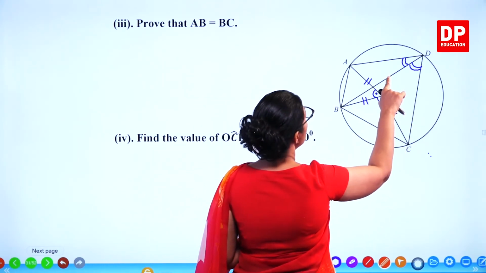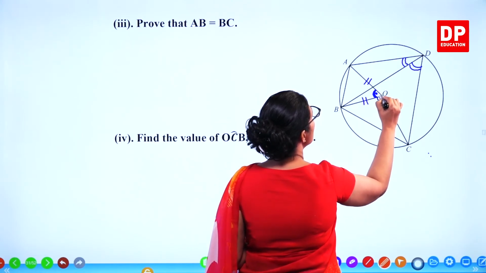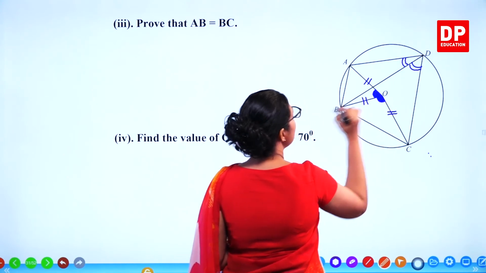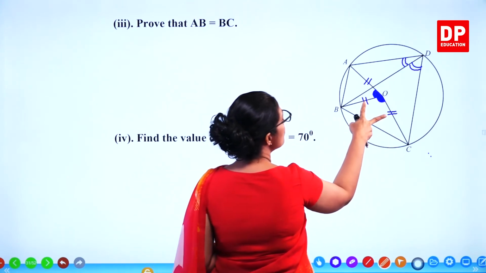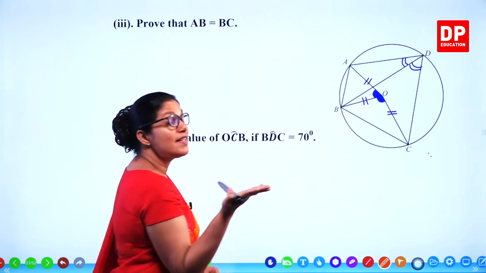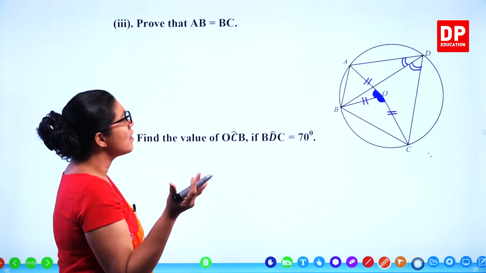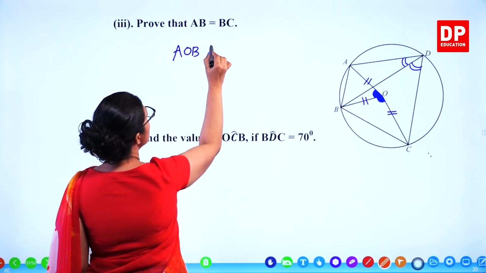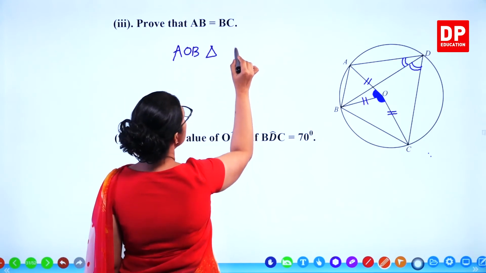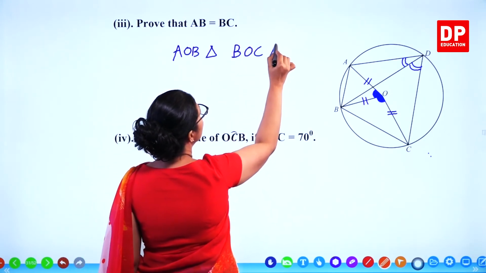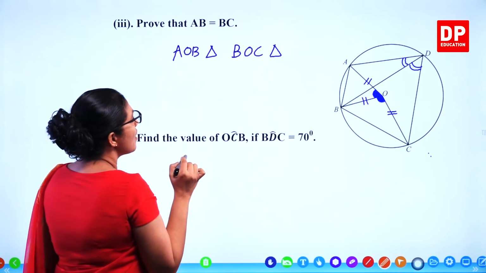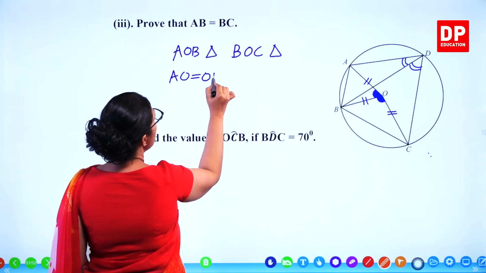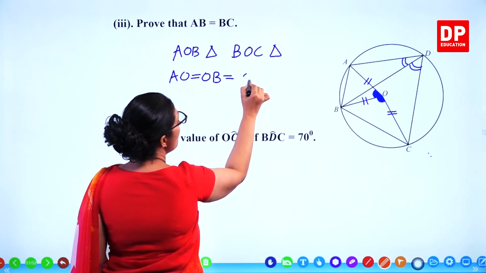Now we found out this angle is equal to this angle from the previous part. And we know these two lengths are equal. So we can easily show that the two triangles are congruent. Let's take AOB triangle and BOC triangle. AO is equal to OB is equal to OC.